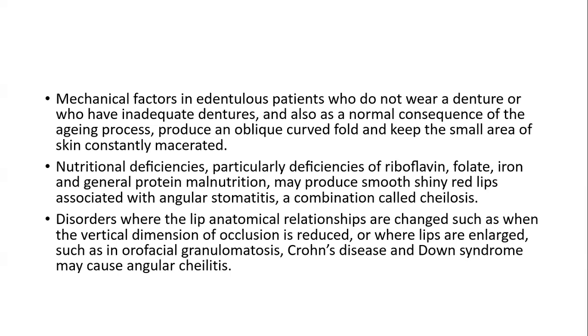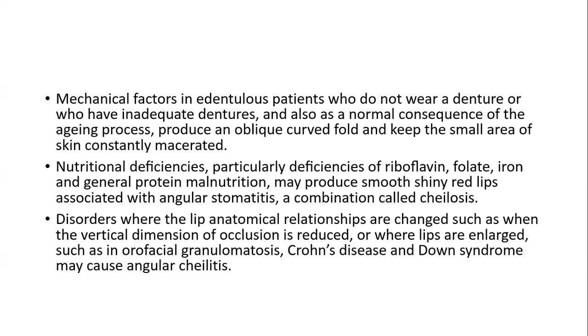The nutritional deficiencies that contribute to angular cheilitis are deficiencies of riboflavin, folate, iron, and general protein malnutrition that also produce smooth, shiny red lips with associated angular stomatitis. A combination of smooth, shiny red lips and angular cheilitis is also known as cheilosis.